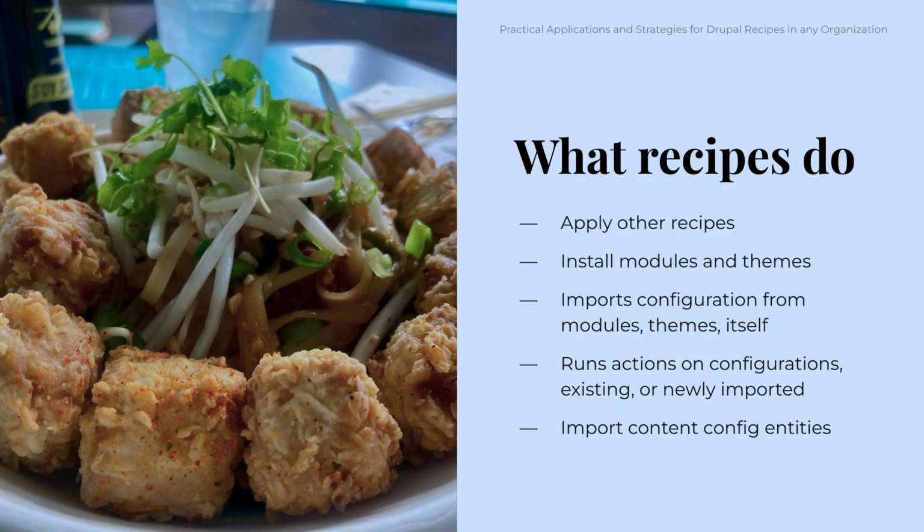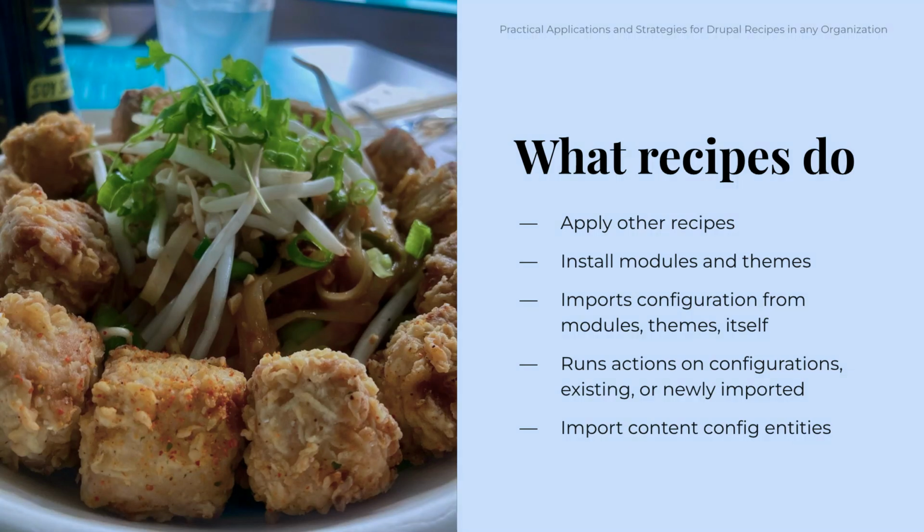So what recipes actually do is, in the first step, they can apply other recipes. So you can make your recipe require and depend on other recipes. They can install modules and themes. They can import configuration from modules, themes, and a recipe inside its own folder. So the recipe can create that configuration. The magic happens when we run config actions.